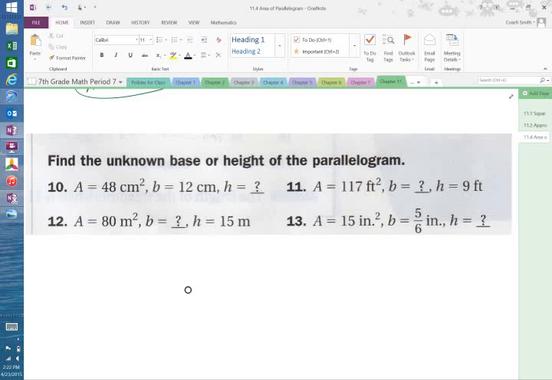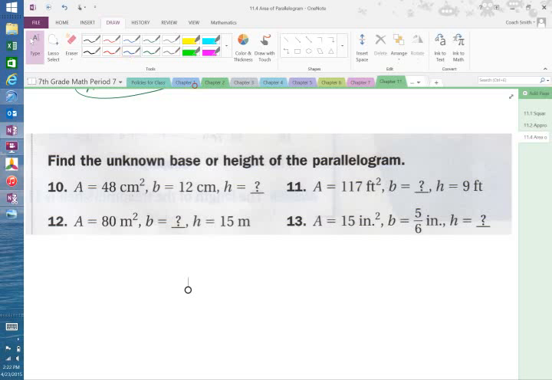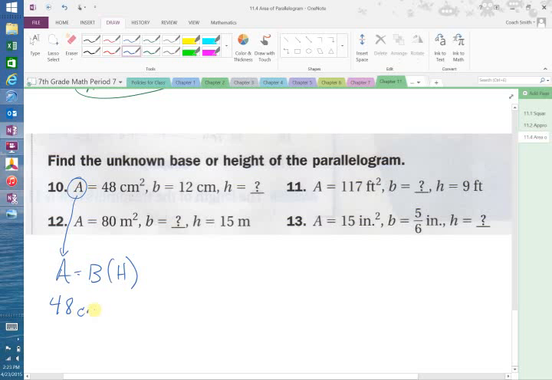So what they want us to do then is take area is equal to base times height, and solve for the missing part. Well, the area is already right here, so that would be 48 centimeters squared equals the base, which is right there, which would be 12 centimeters times h.